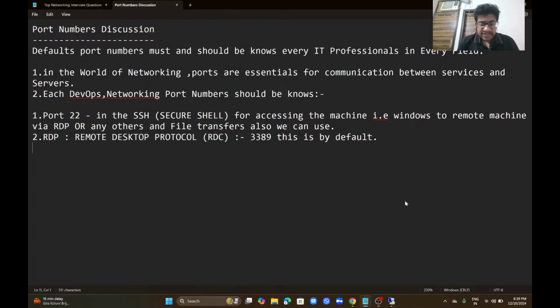Connections. So here, the third one, HTTP port 80.